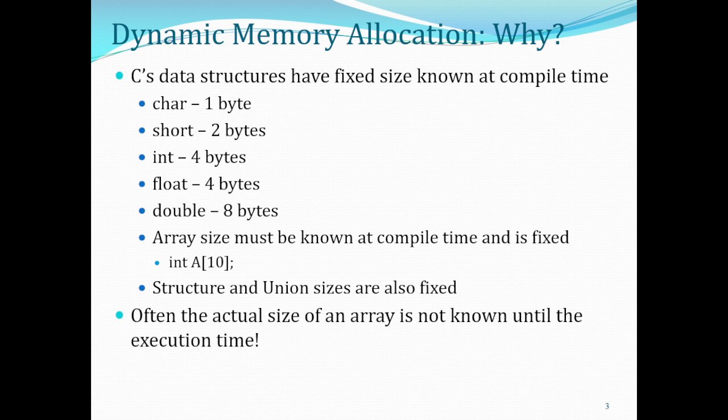We are not extending or shrinking those. We are not able to. And if we need more space, that's a problem. Even structures and unions are fixed because they are defined and compiled in the compile time.